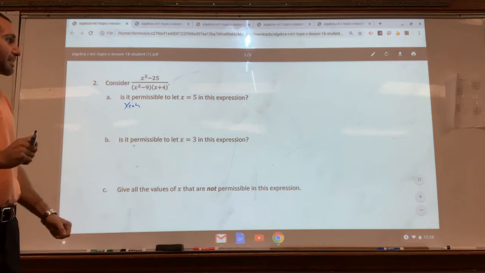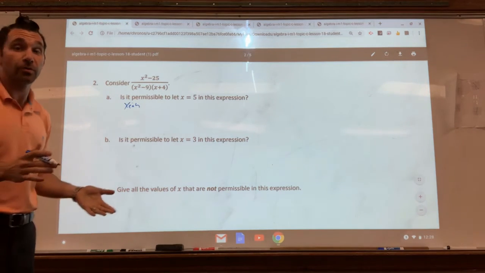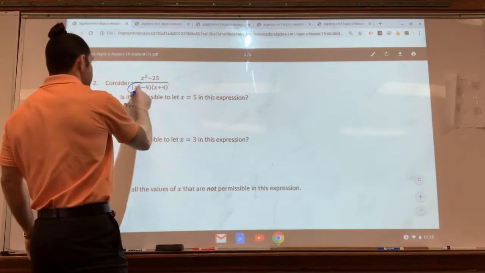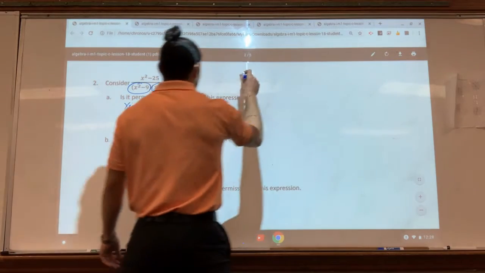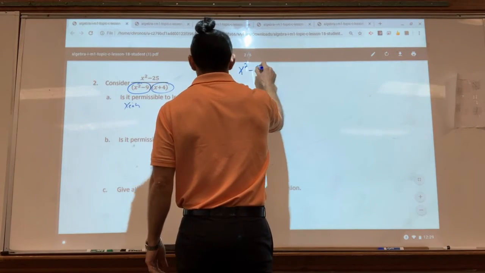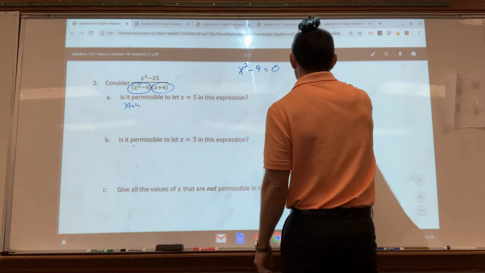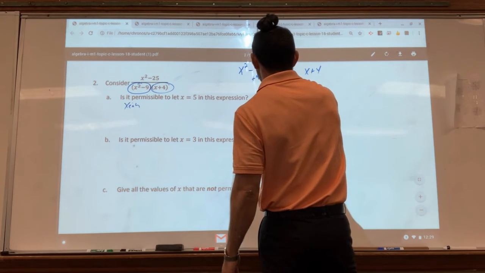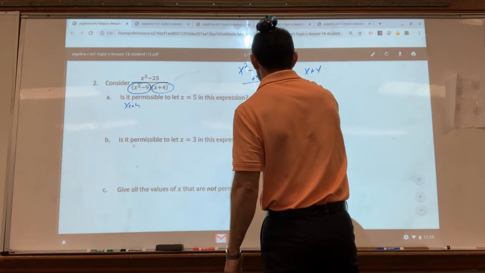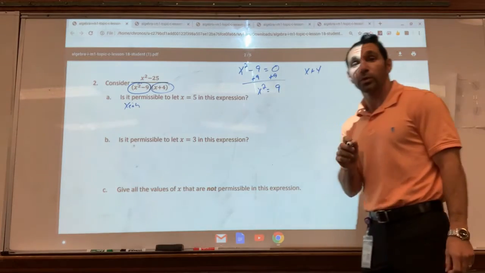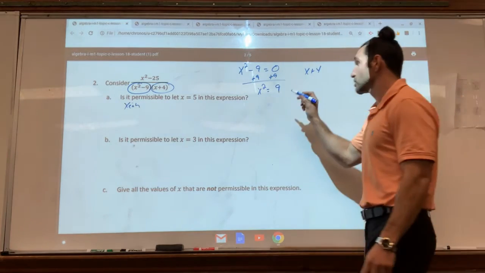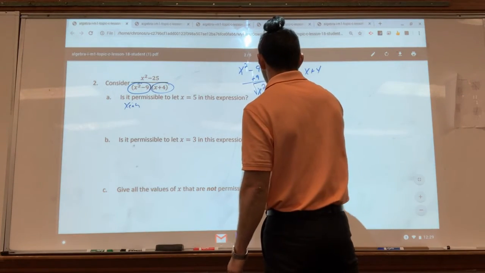Is it permissible to let x equals 3 in this expression? Well, we don't know. So we're going to take this portion and this portion and solve them for 0. Add 9, that leaves me x squared equals 9. When we are solving an equation that's squared, we take the square root.